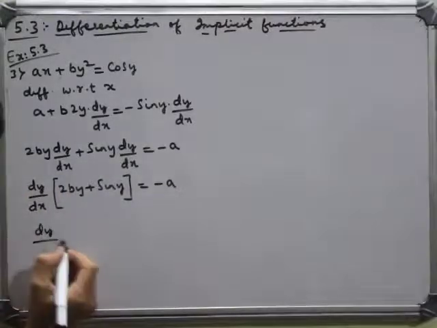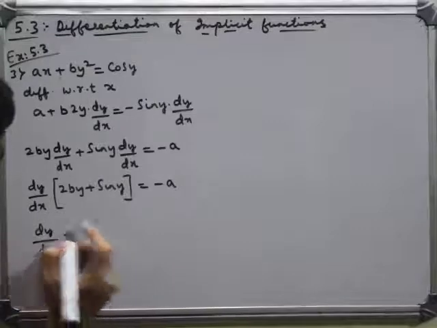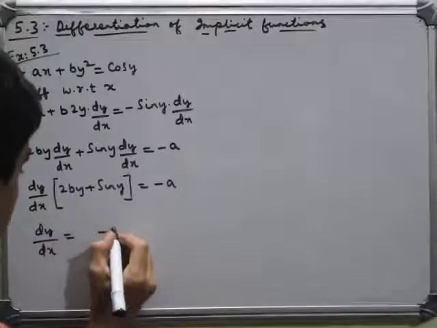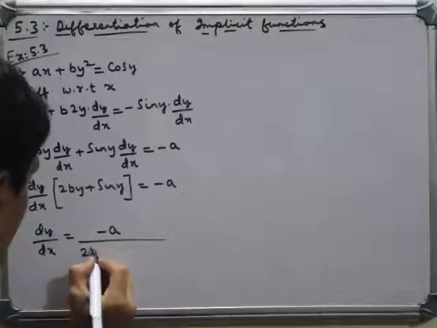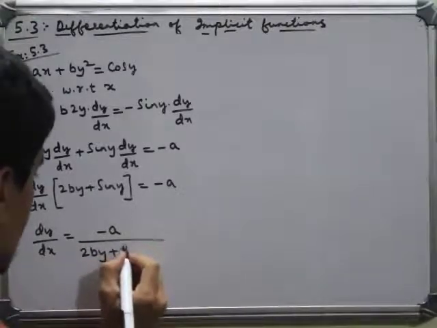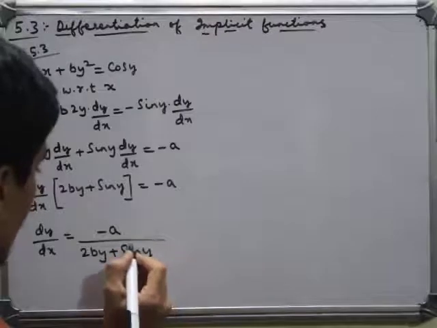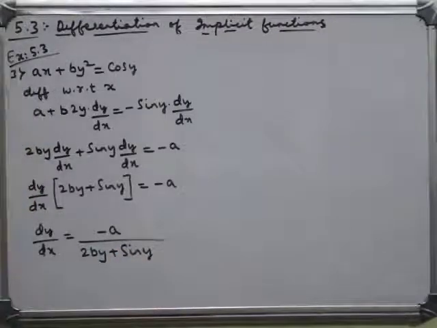Dy by dx is equal to minus a divided by 2by plus sin y. Okay. This is your final answer. This is how you have to solve the third question. Next, question number 4.